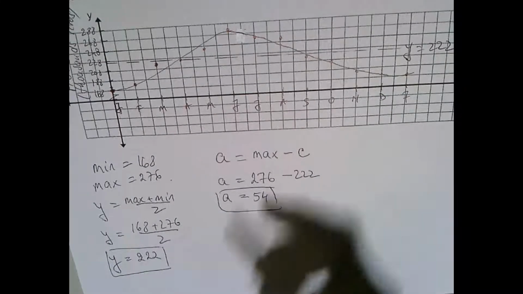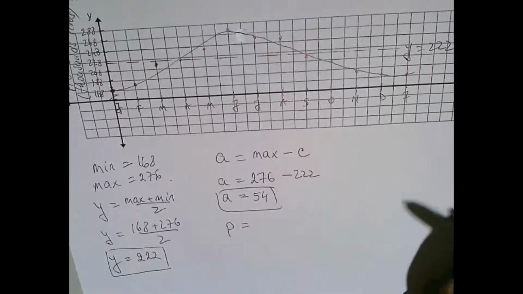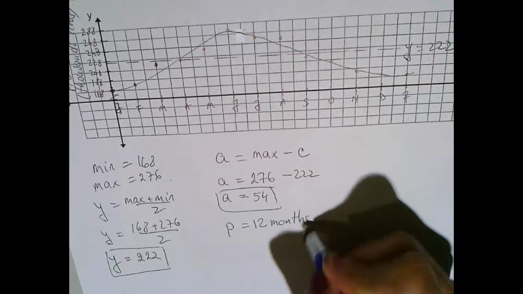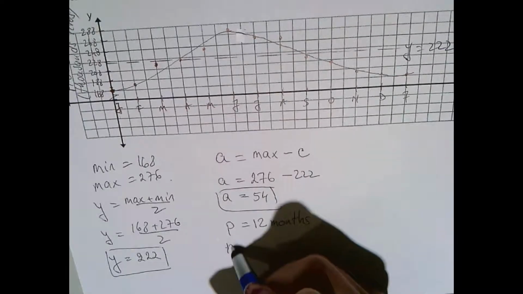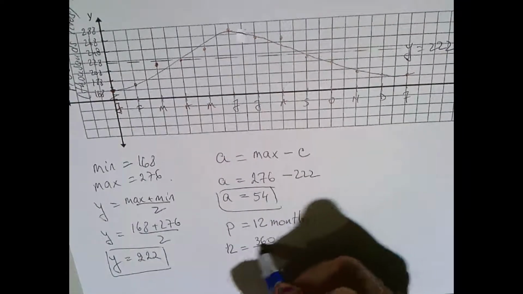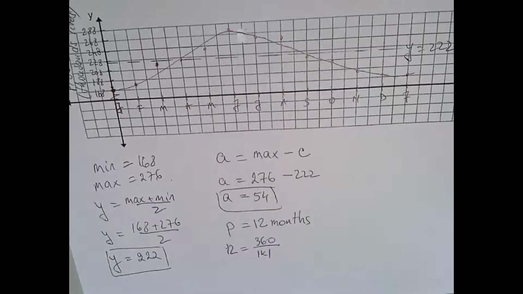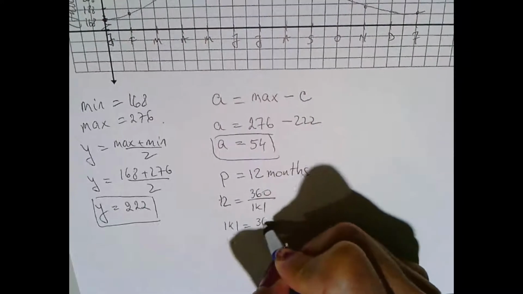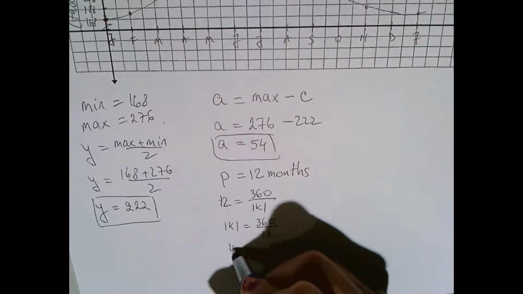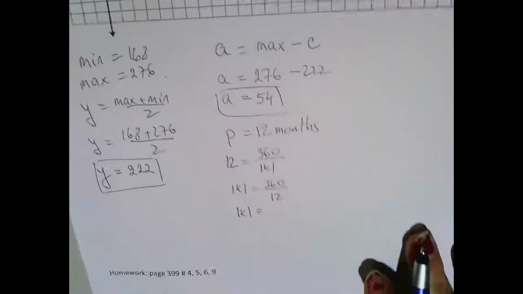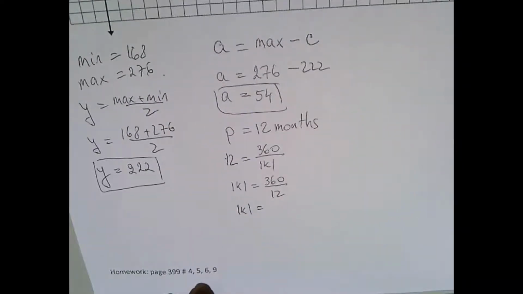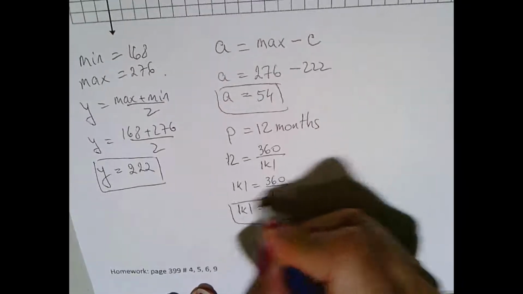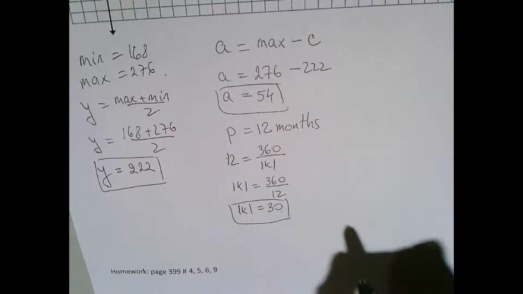My period, P, equals 12 months, which means my k value: 12 equals 360 divided by the absolute value of k, so the absolute value of k equals 360 divided by 12, which is 30. We're going to decide later whether k is positive or negative.